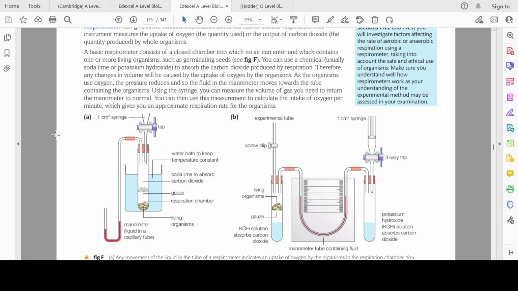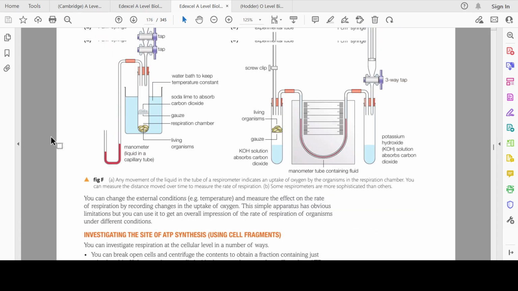And so you measure the rate of intake of oxygen. So 10 cm³ of oxygen was utilized by the seeds in 10 minutes. So that's 1 cm³ of oxygen per minute. And that is an approximation, obviously, because it's not a very sophisticated setup.